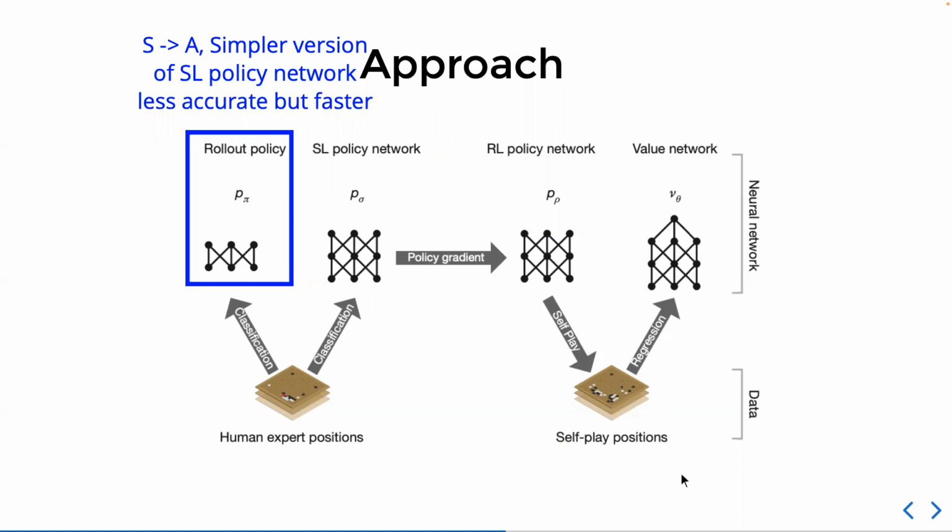The question is, comparing the SL, where SL means supervised learning, right, with the rollout policy, the difference is just the network architecture. So it seems more efficient, which means the rollout policy has a requirement to be efficient, right?